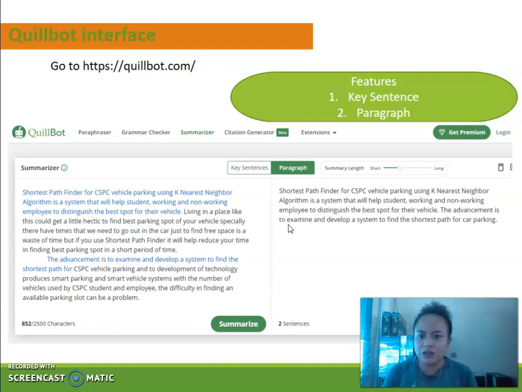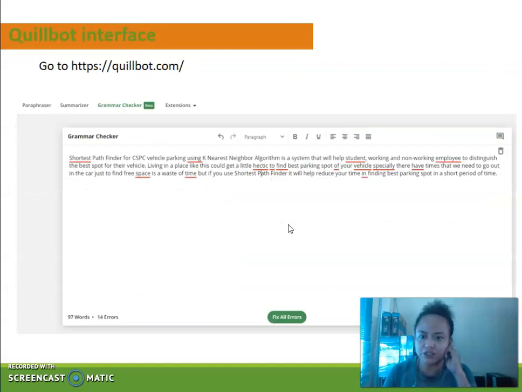Another is the grammar checker. In the grammar checker, we paste our sentence or paragraph. Then, after that, Quillbot will identify or detect grammar errors. So, we can see here na beta pa lang ito. In the premium version, we'll have more suggestions or corrections in our grammar.